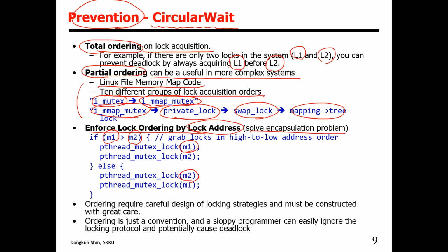Then we can make some ordering between lock variables. So this ordering requires careful design of locking strategy and must be constructed with great care. Ordering is just a convention, so any sloppy programmer can easily ignore the locking protocol, this convention, and potentially cause deadlock.